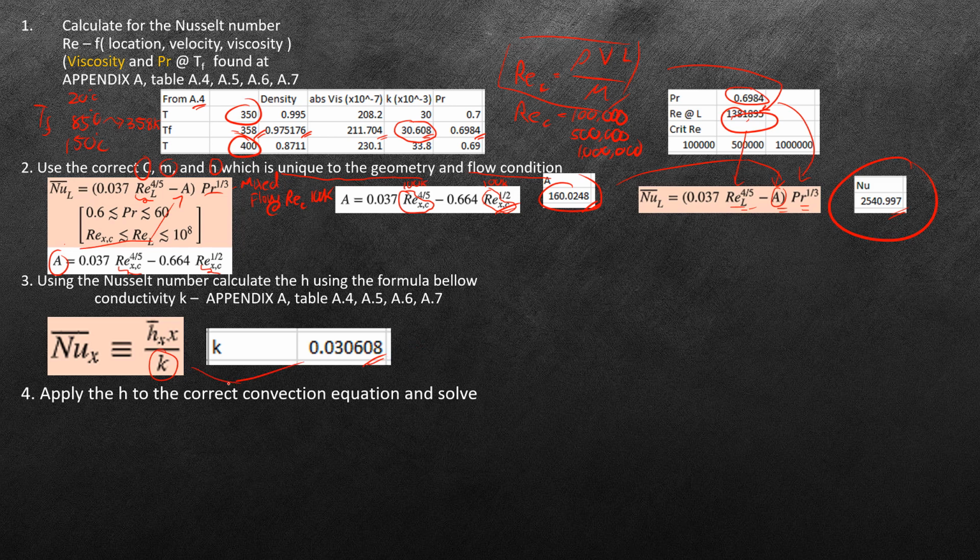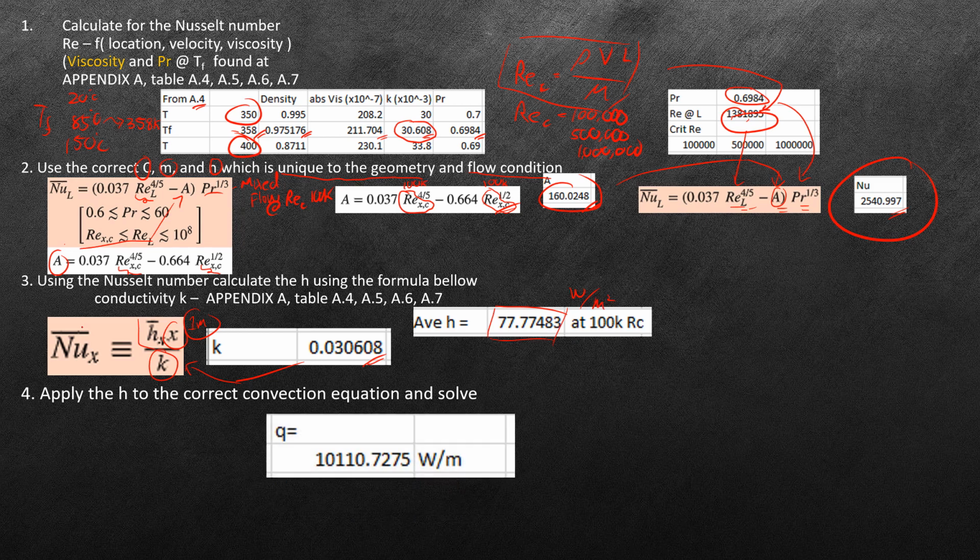Plug this in. Plug in our value for x, which for this specific geometry is 1 meter. And we will be left with our value for the average convection coefficient, which is equivalent to 77.77 watts per square meter.